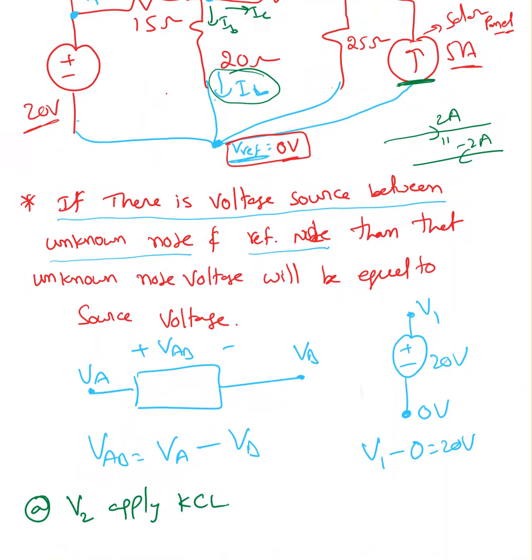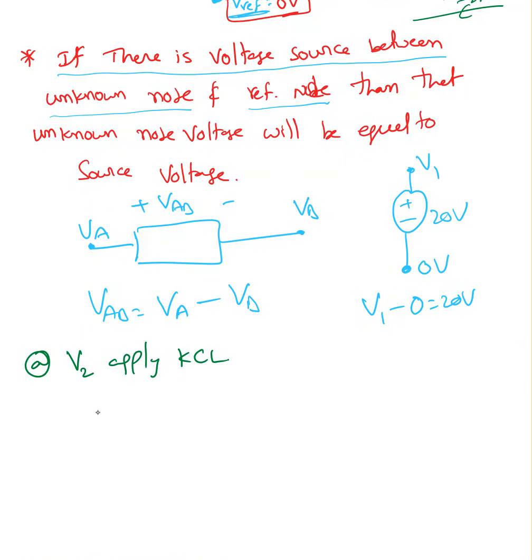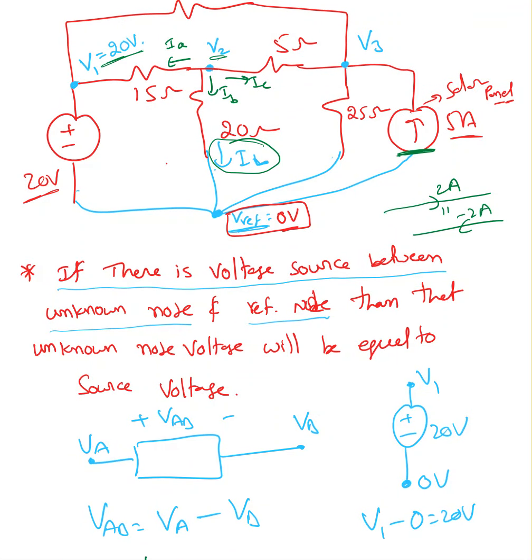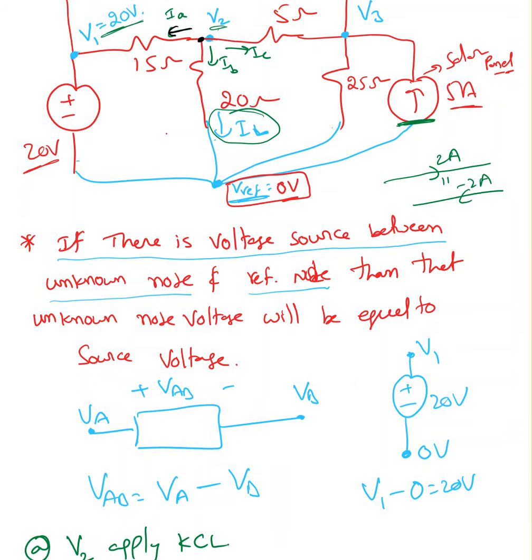So apply KCL at V2. IA plus IB plus IC equals 0. Now I'm going to write IA. Here is my IA. Current always flows from higher potential to lower potential, so IA equals V2 minus V1 over 15.